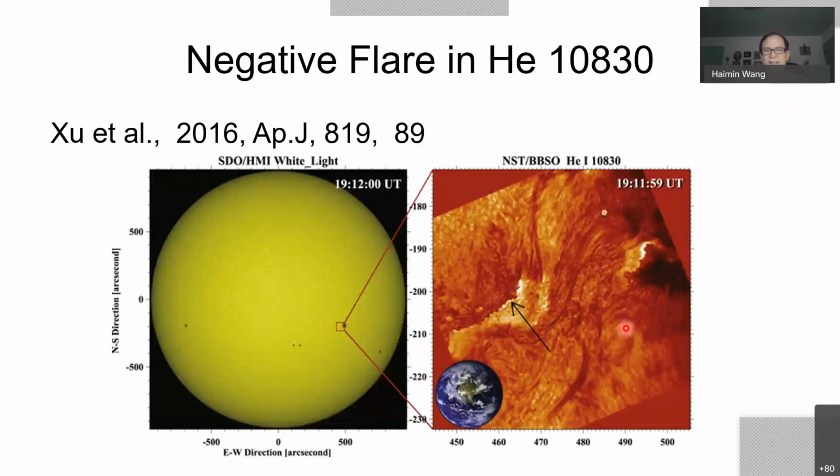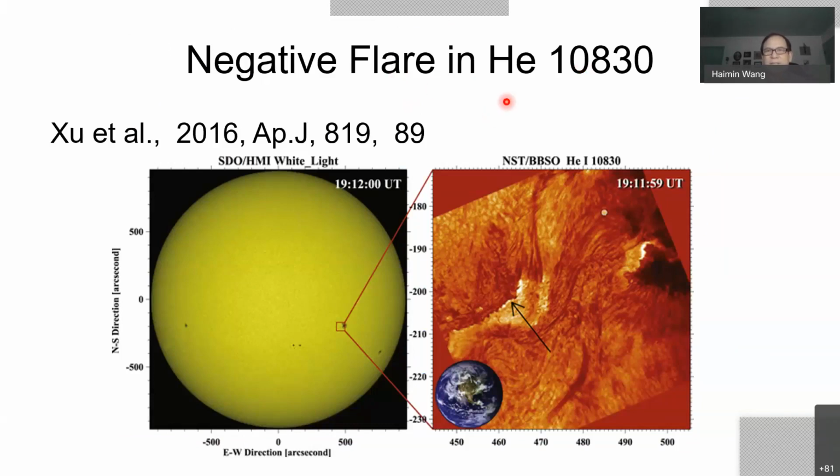Okay, now let me shift to a different kind of phenomenon observed by our Big Bear telescope. It's called a negative flare. When we talk about a flare, everybody knows that means brightening, okay? But there is a special line in the solar atmosphere that we use to study the Sun.